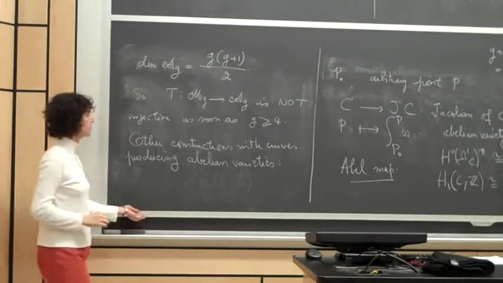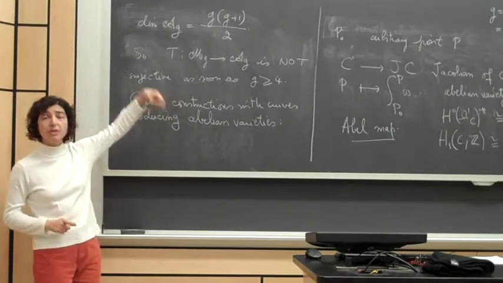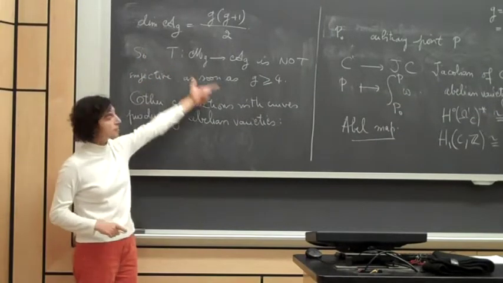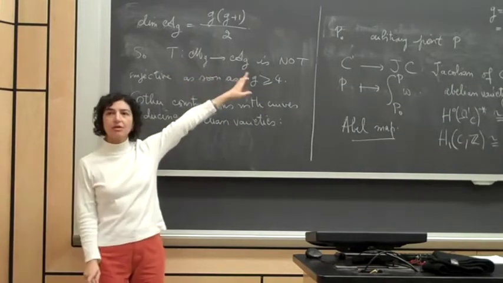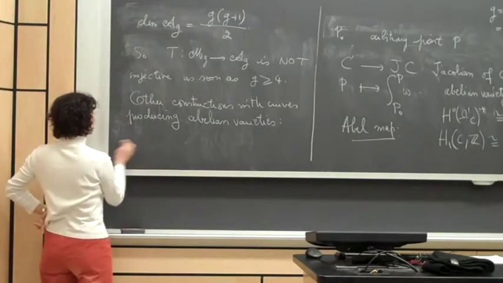And as I said, these constructions will give you bigger chunks of the moduli space, and eventually you can construct what people call a Prym-Tyurin variety, and you will get everything, okay? But let me start first with the Prym variety. So you get bigger chunks.